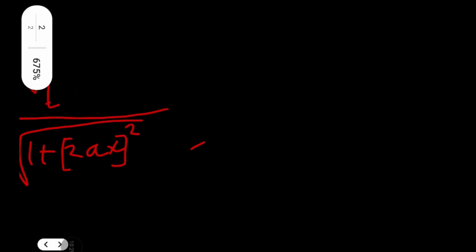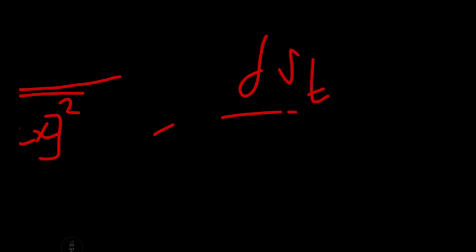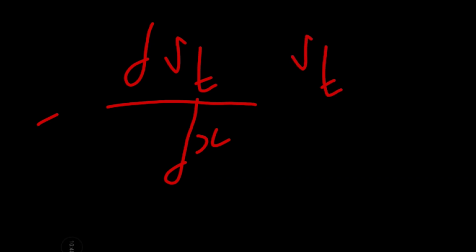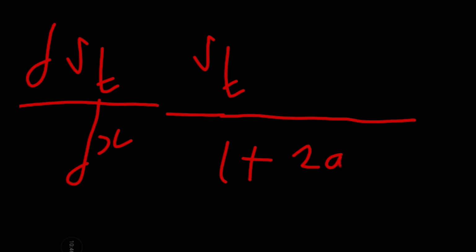You're going to get into this final version of dvt by dx. And then inside there it's the vt by 1 plus 2ax, like that, square root.